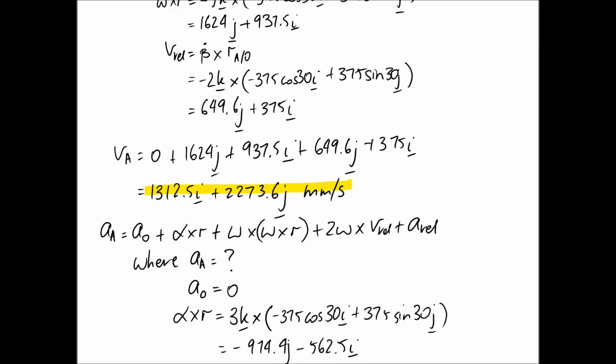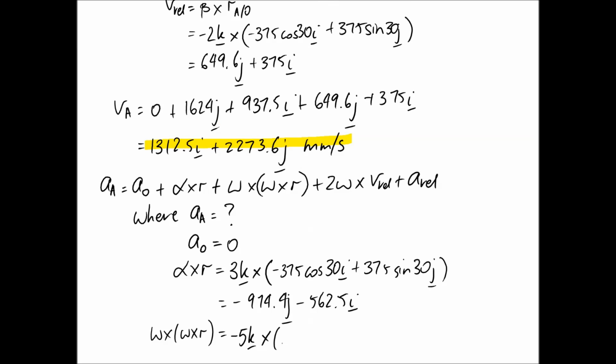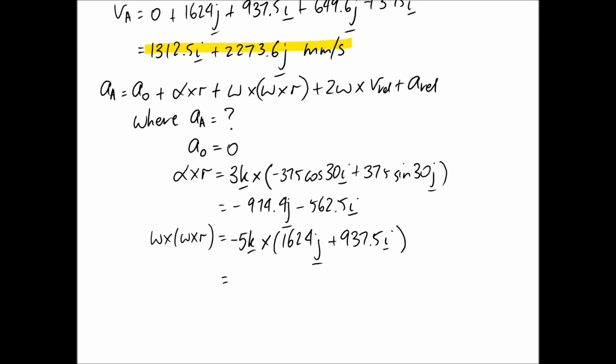So just putting that straight in. So this comes out to be that. Alright, keep going. So the next one is 2 omega cross VREL.